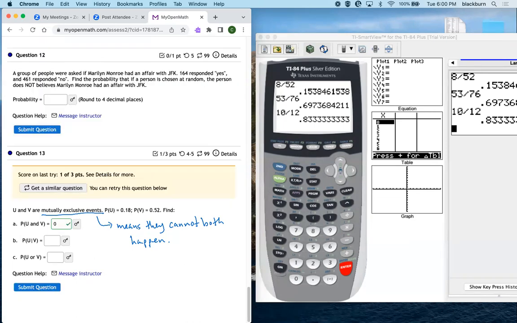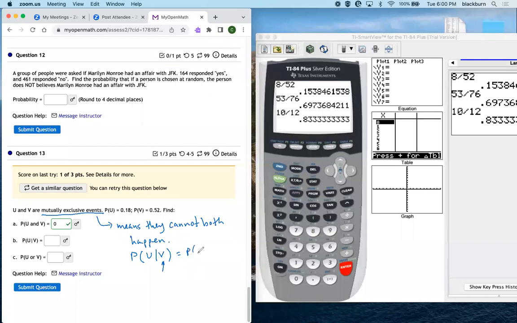Okay, probability of U, the next one down, is called conditional probability. Probability of U given V. So V has already happened. What's the probability that U happens, given that V has already happened?